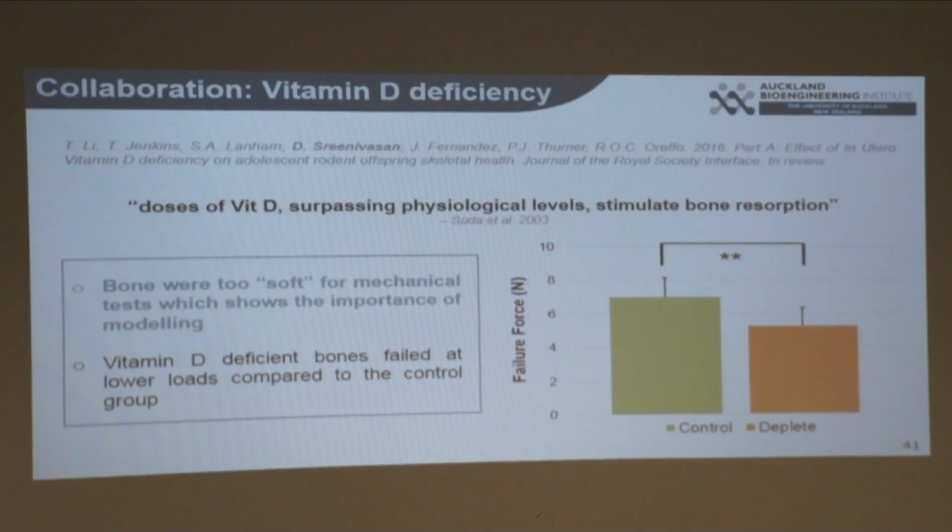So they had these bones from very, very young mice, and they tested their bones by carrying out mechanical tests, but the bones were way too soft for any mechanical tests, so they brought it over to us, and we were able to apply the framework to it, and very nicely showed that the vitamin D deficient group failed at a significantly lower load compared to the control group. And later on, they had bones from much older mice in the study, and they very nicely also showed the same result.